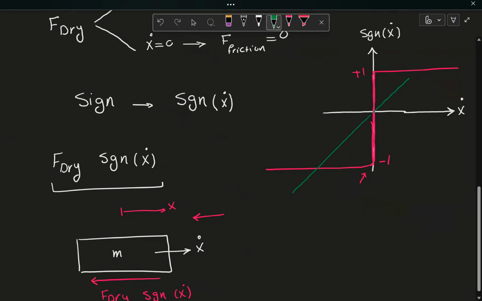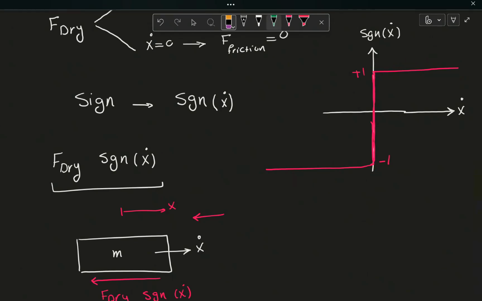I show it with the green line. However, you see that though you have segments of straight lines, none of those segments, besides the one that's actually dealing with the zero velocity, is passing through the origin. Okay, so this one does not pass through the origin. This one does not pass through the origin. That's why this model is nonlinear.